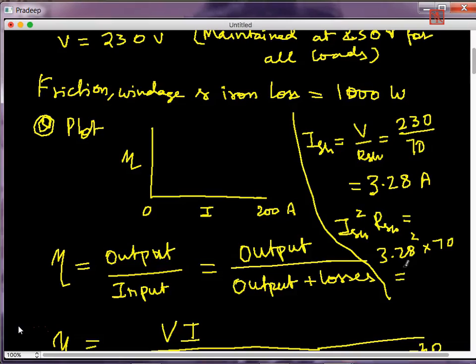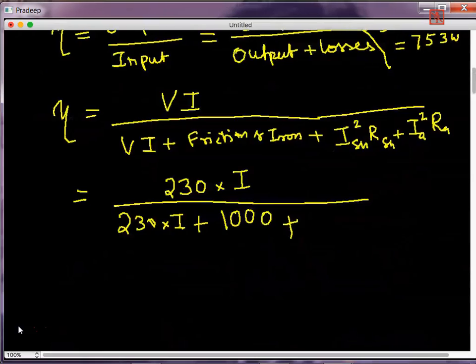So let us see how much it comes to. 3.28 square multiplied by 70. I'm getting 753 watts. So this is also constant. If I go down, in the place of ISH square RSH, I'll write 753 watts.